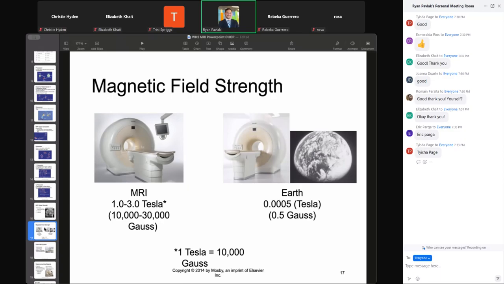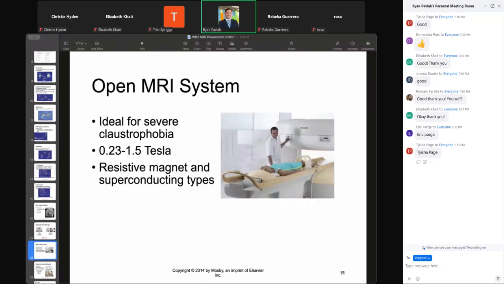So an MRI unit is typically going to be between 1 to 3 Tesla or 10,000 to 30,000 Gauss. So 1 Tesla equals 10,000 Gauss. So an MRI unit is anywhere between 20,000 to 60,000 times stronger than Earth's magnetic field.